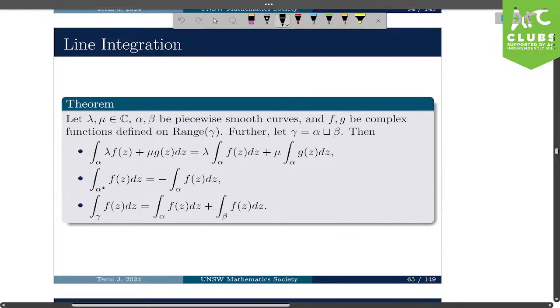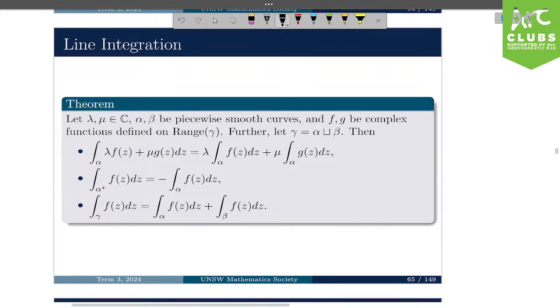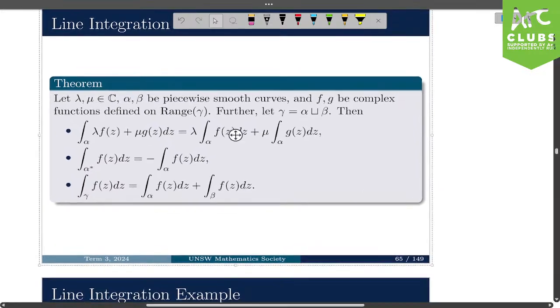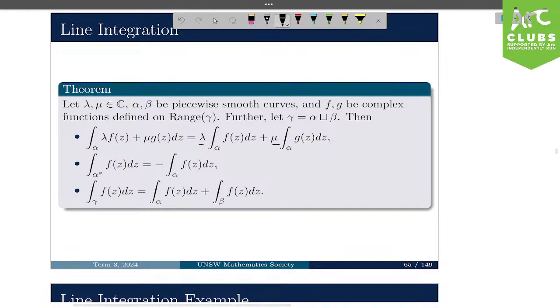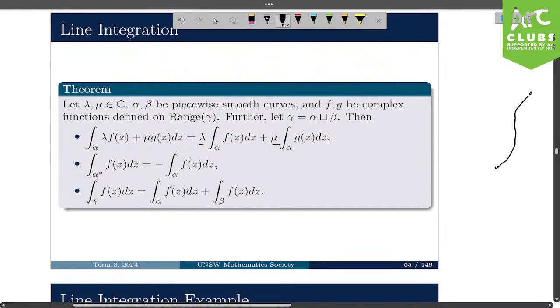Some of the same properties apply here. If we're adding together two integrals, we can separate the integrals and also pull out constants to the front. If we integrate along the same path but in the opposite direction, we're going to get an answer that's equal to the negative of what we get traversing in this direction, which kind of makes sense.